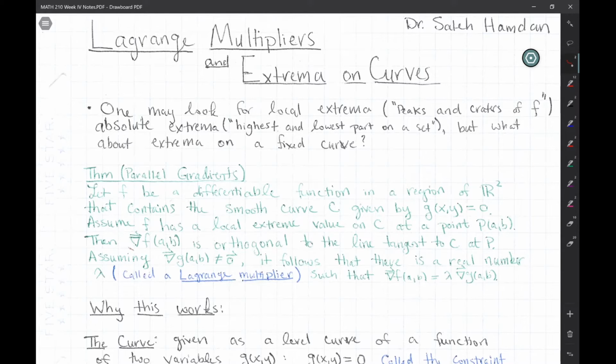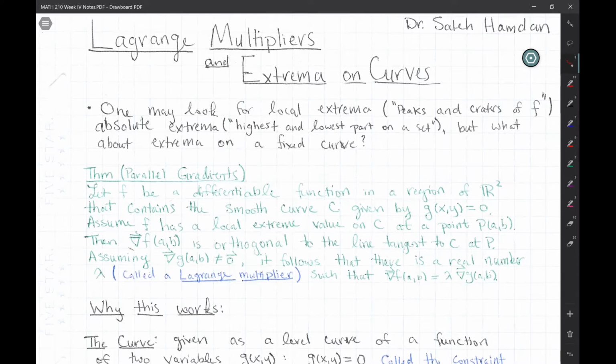Let's move on to the question of finding extrema on a curve. And the analog to that is what is the highest point in a certain hiking path along the Rocky Mountains, for example. Okay, so this is the question.